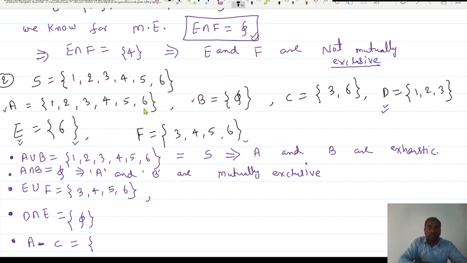Then we will get 1, 2, 4 and 5. So this is the answer for A minus C.